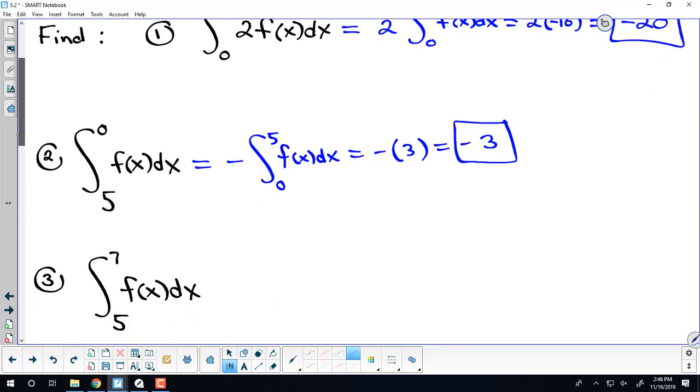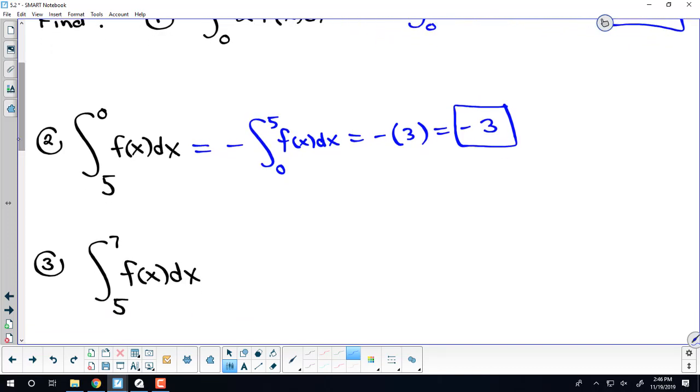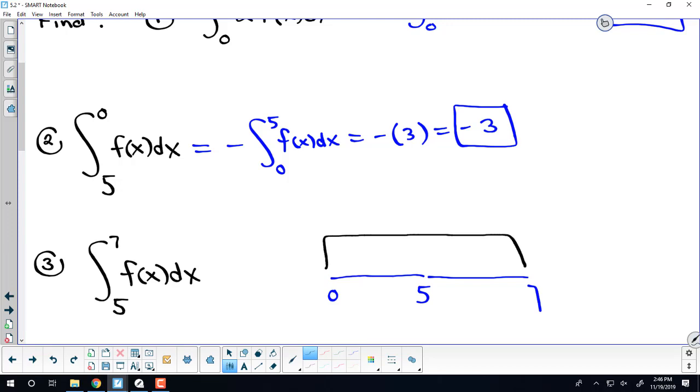Okay, about the last one here, the integral from 5 to 7. -13. How do you know it's -13? Because you know what 0 to 5 is, and you know what 0 to 7 is. We know the integral from 0 to 7 is negative 10, and we know the integral from 0 to 5 is 3.